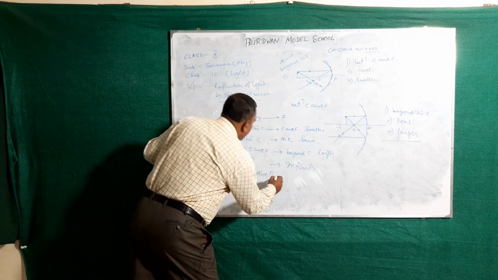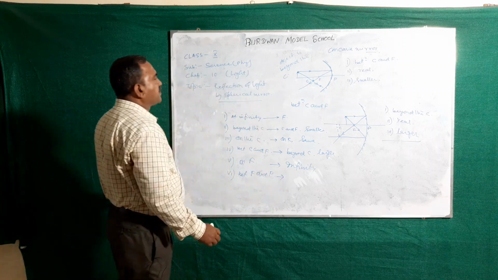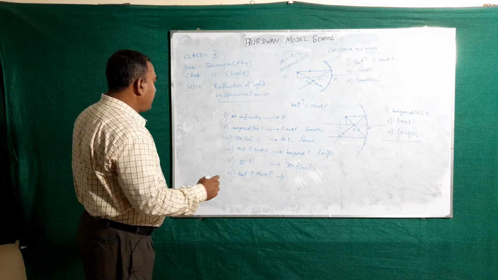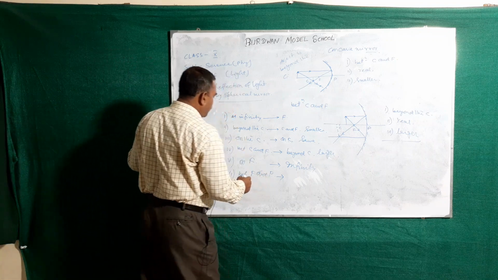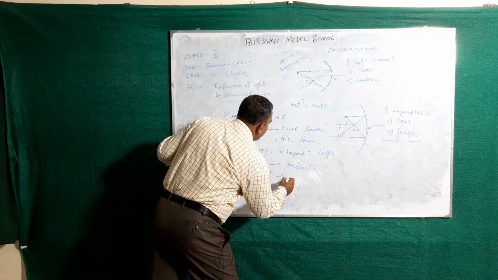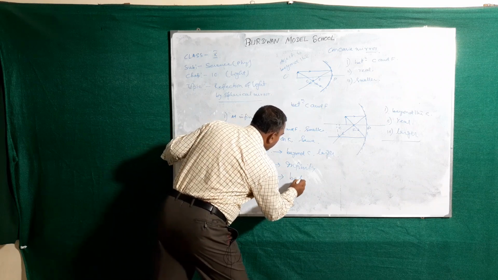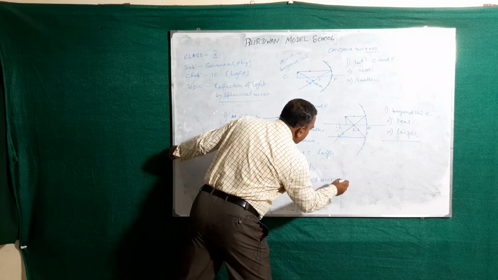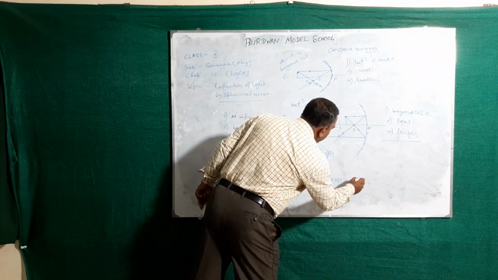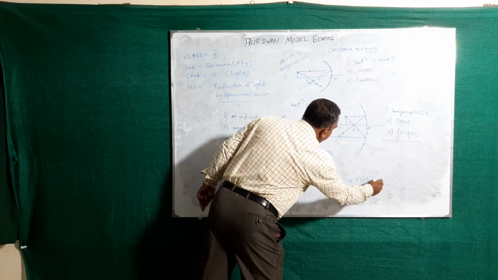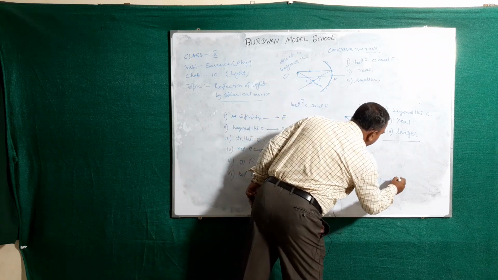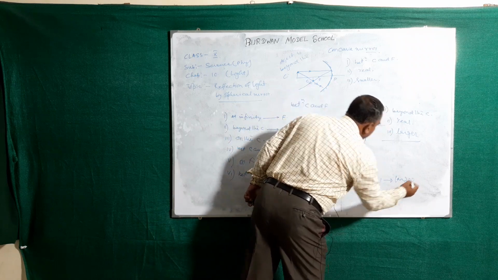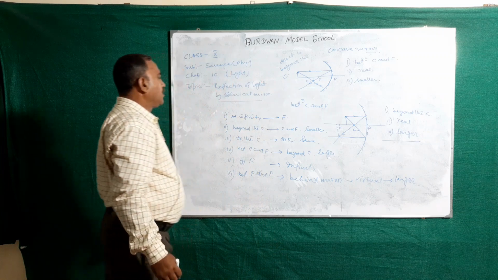And between F and P, the image will be behind the mirror, and the nature of the image will be virtual, and it will be larger. Okay?